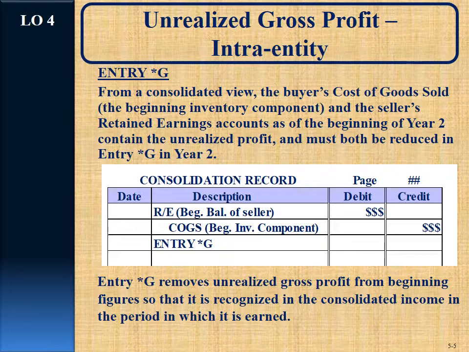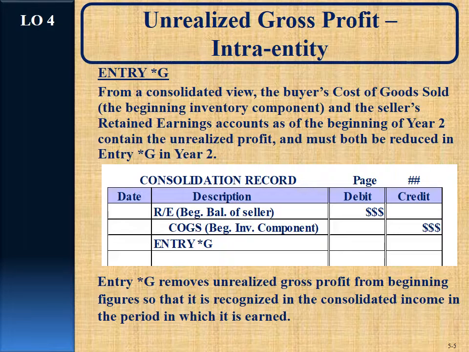So what we do is, at the end of year 2, we debit retained earnings and credit cost of goods sold for the amount of the gross profit that was not realized last year. Why?